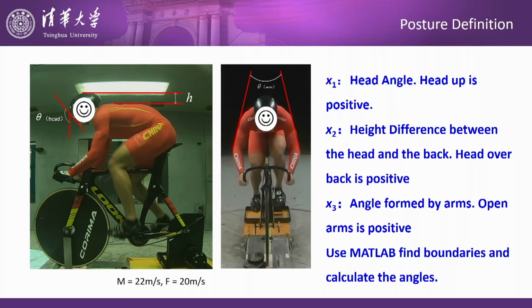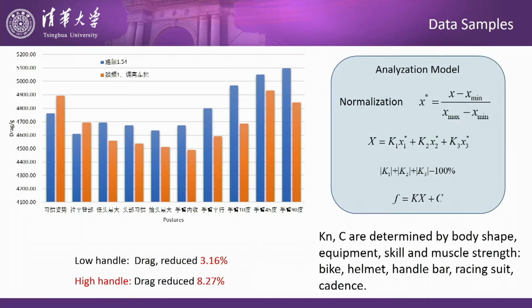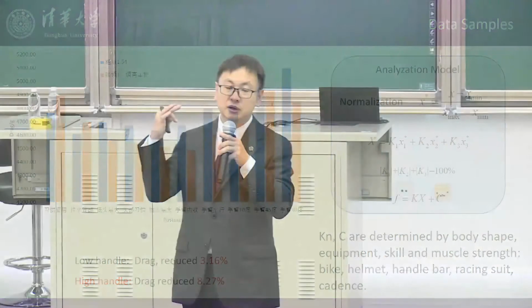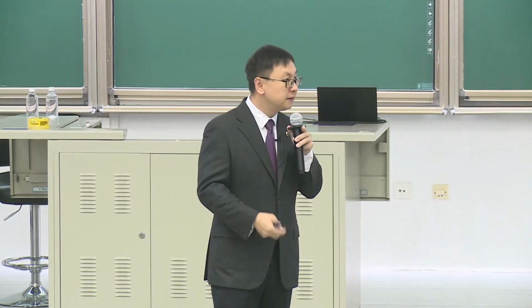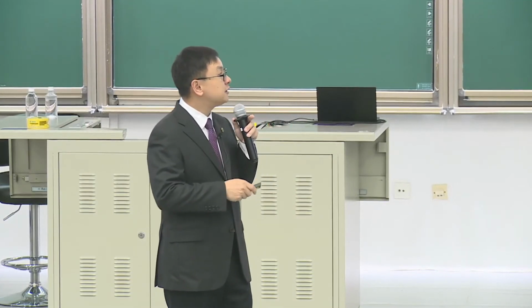Based on this system, we do a lot of wind tunnel tests. This is one data set. We have a lot of gestures, but how to analyze it? It's very complicated because gestures change, handles change, cadence change. So we do normalization.